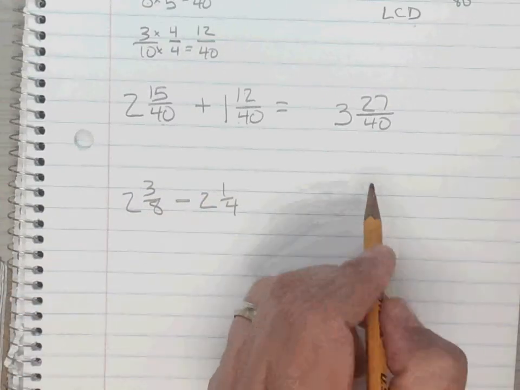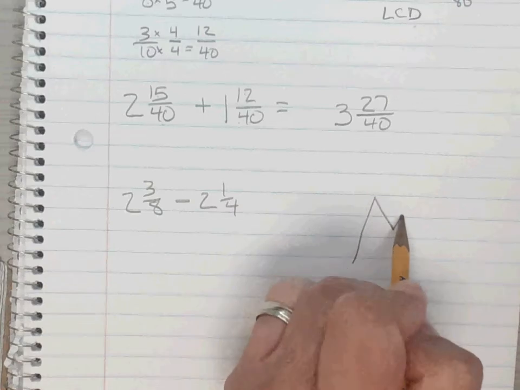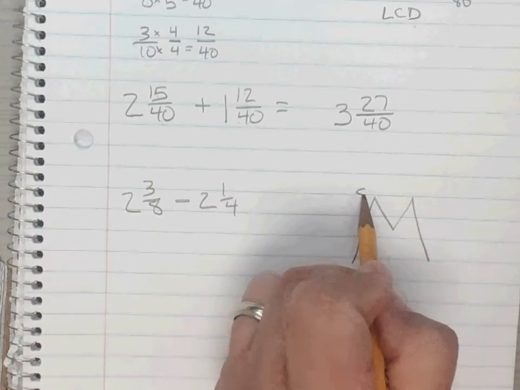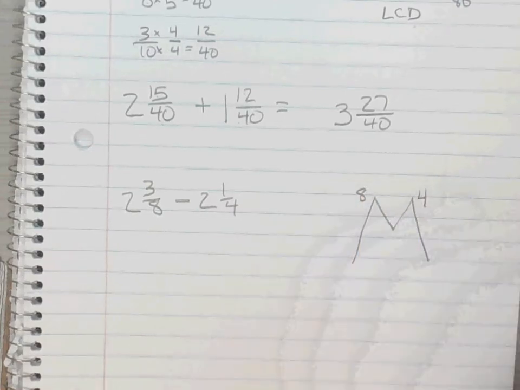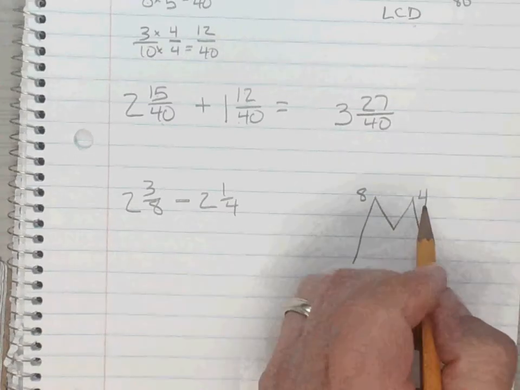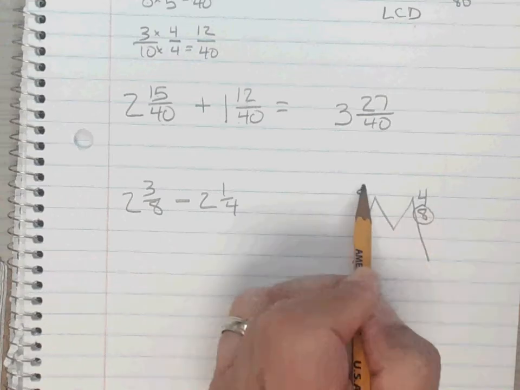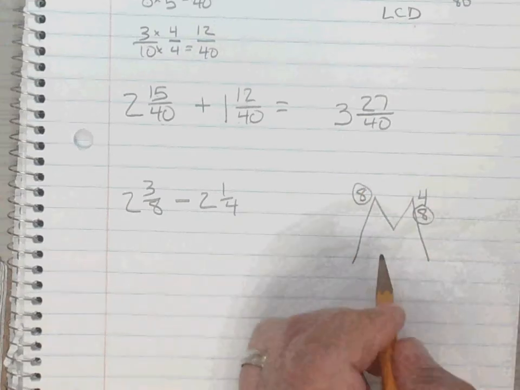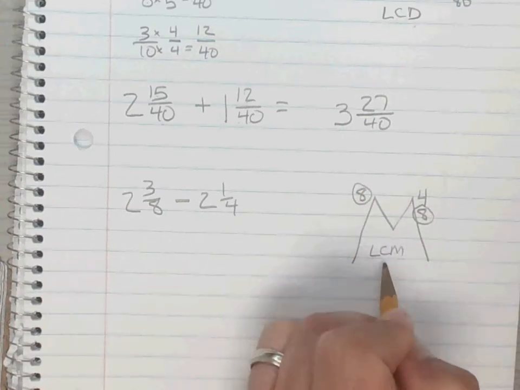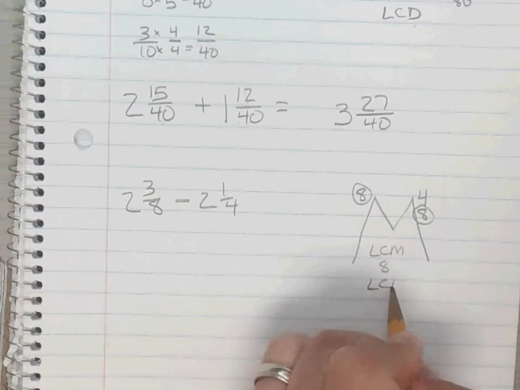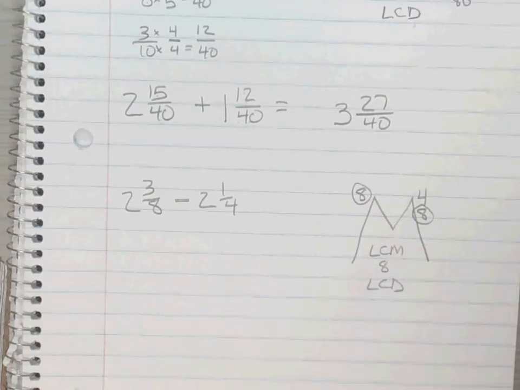They're unequal denominators, so I need to find the same denominator. So I'll put my denominators there, and I will skip count. And I bet most of you know right away we could stop right there, and our LCM will be 8, which means it's also my least common denominator.